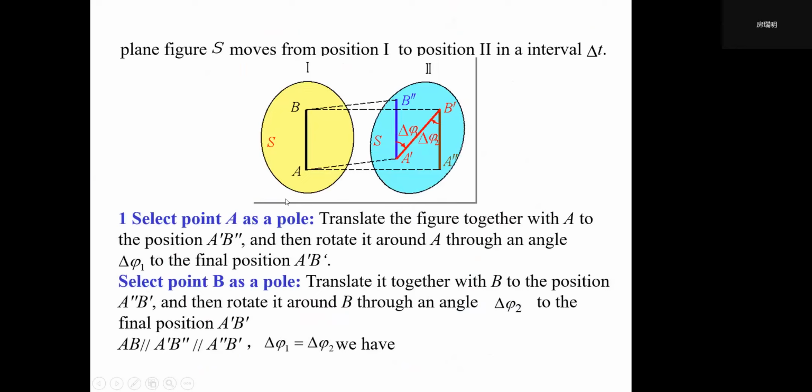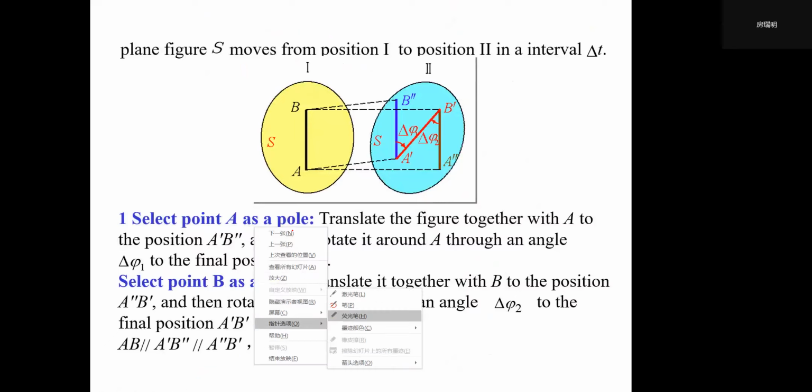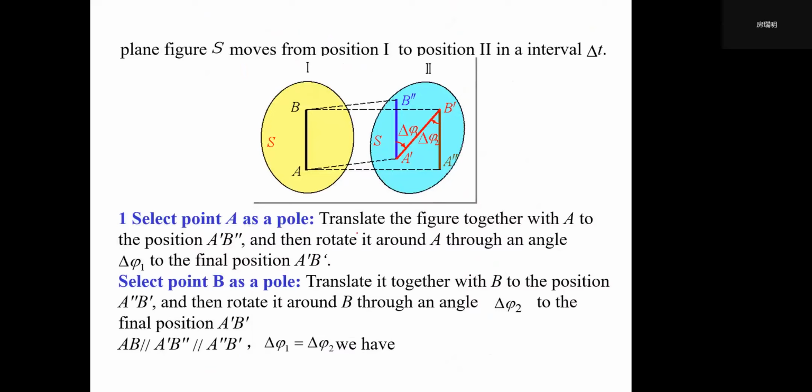Plane figure S moves from position 1 to position 2 in the interval delta t. If we select point A as the pole, you can think of this pole as the reference point. So translate the figure together with A to the position A prime B prime.